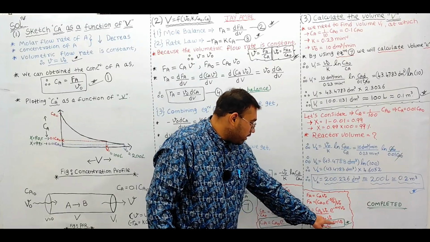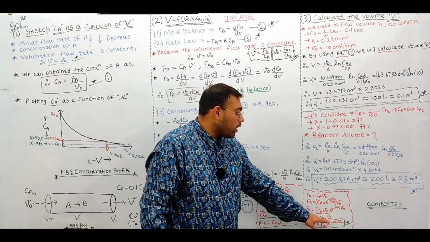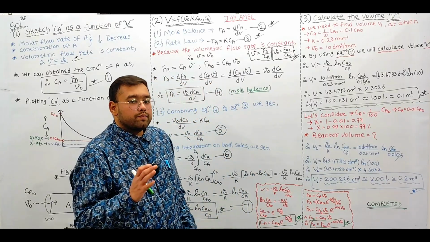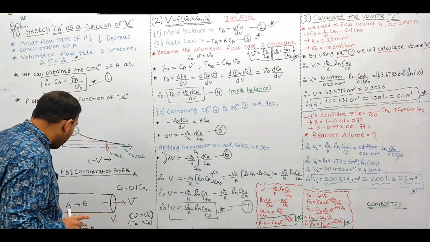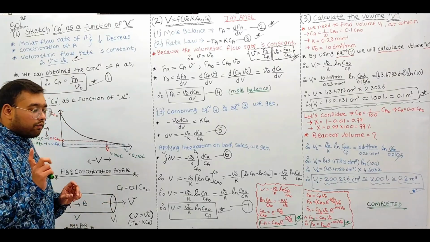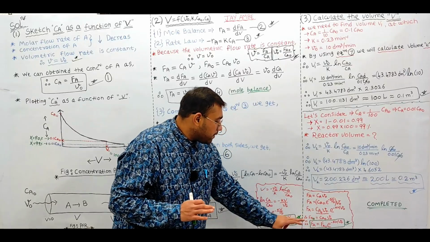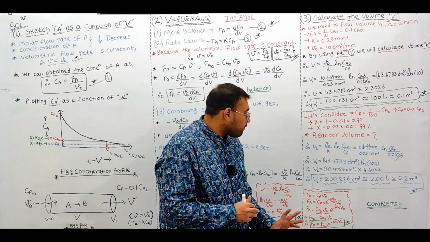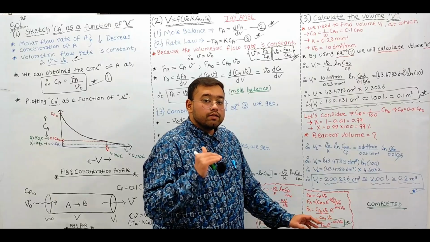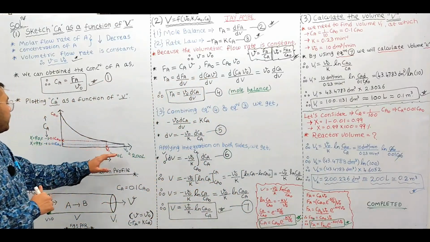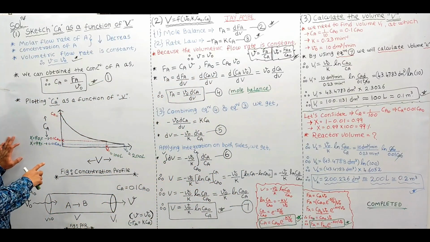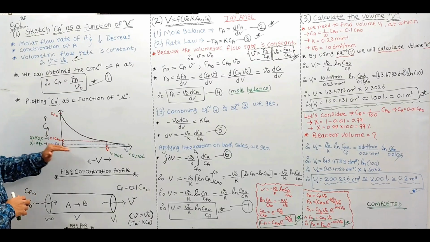Here you can see how the molar flow rate decreases with respect to the volume and length of the plug flow reactor in the axial direction, right? This mathematical relation explains how the molar flow rate decays exponentially with respect to the volume of the reactor, right? So we will have a similar plot of molar flow rate Fa versus volume.